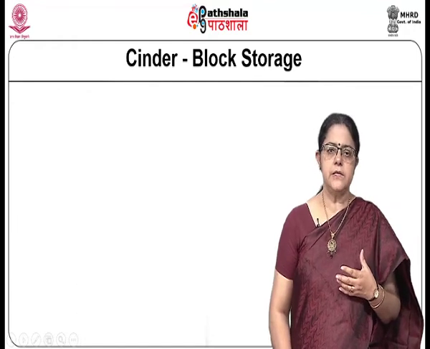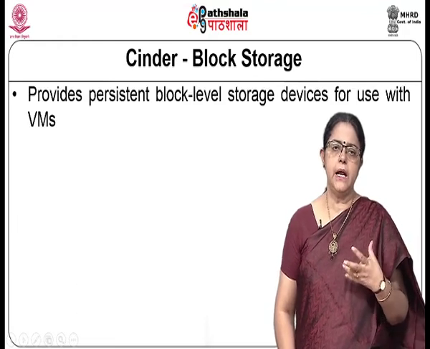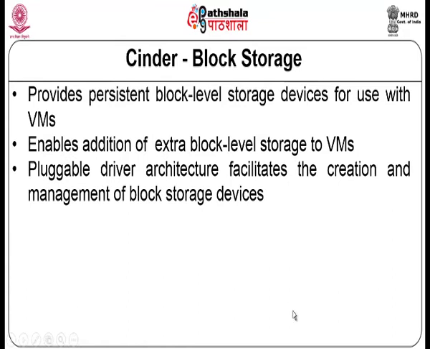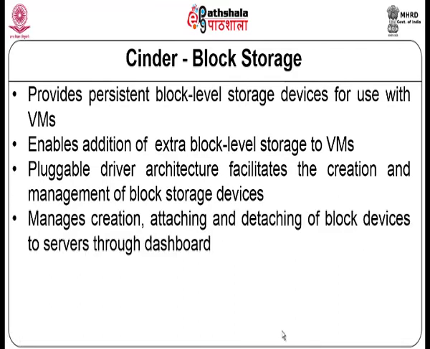Then Cinder, which is the block storage: when a particular application has a data sensitive operation, then we can have additional block level storage connected to the VM through this service called Cinder. This is a pluggable architecture where external storage devices can be plugged in and used as block level storage.